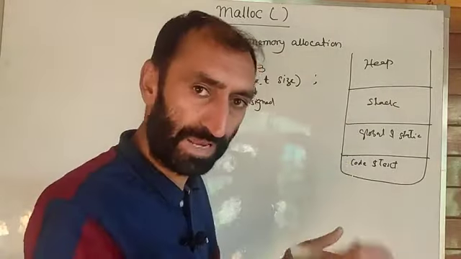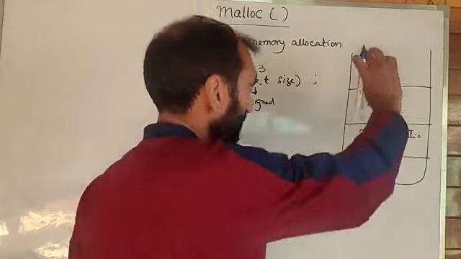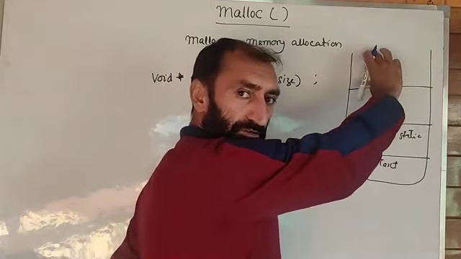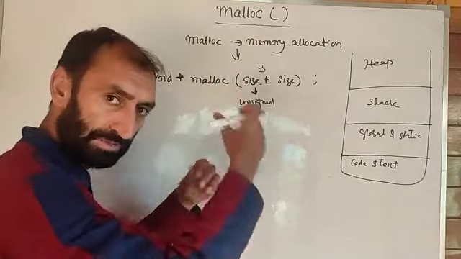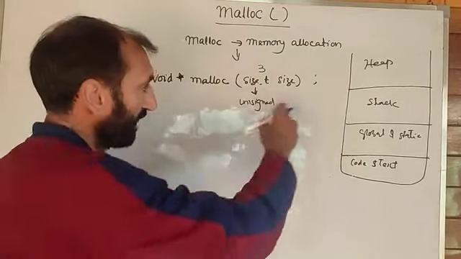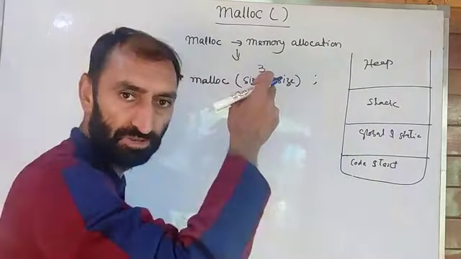Whenever memory is allocated dynamically, it is going to be allocated from this heap portion, because the heap is a long block of memory. So the malloc function allocates the memory to the program dynamically from this heap portion.